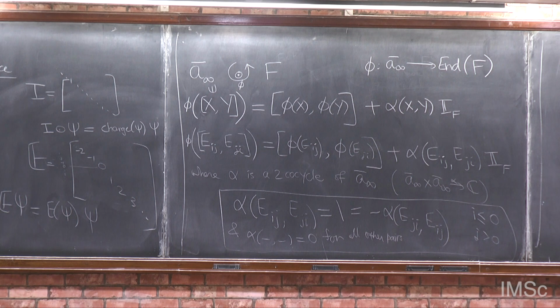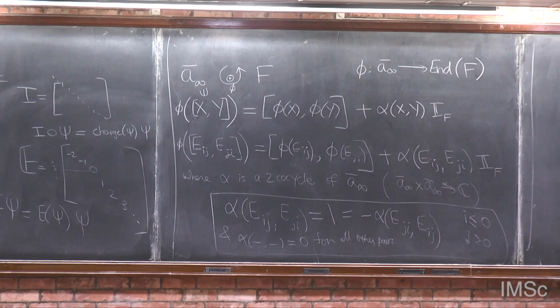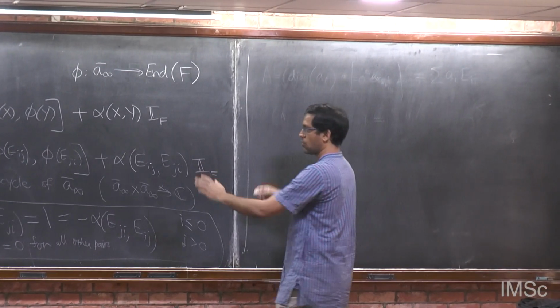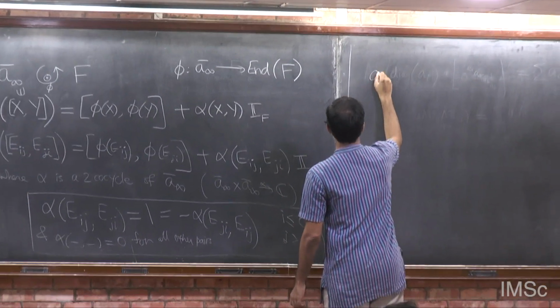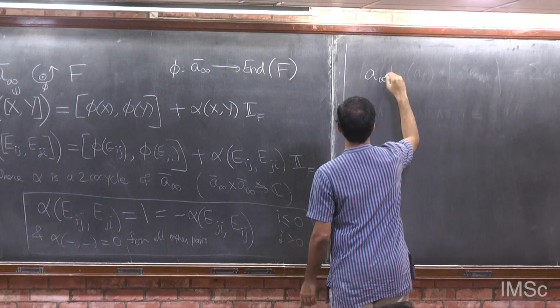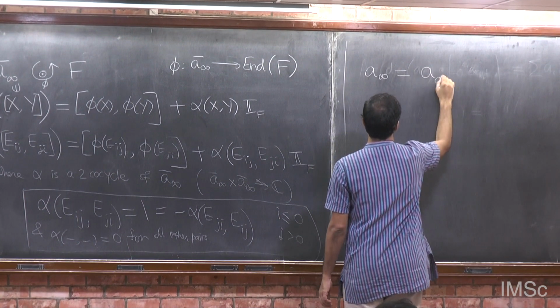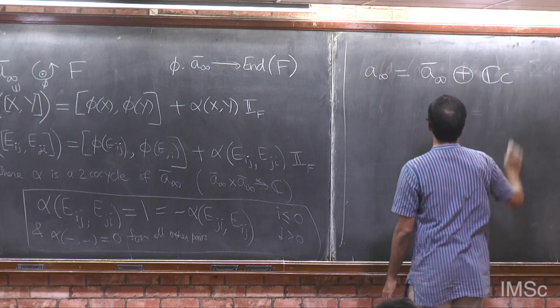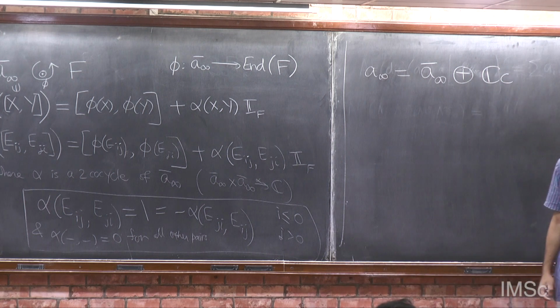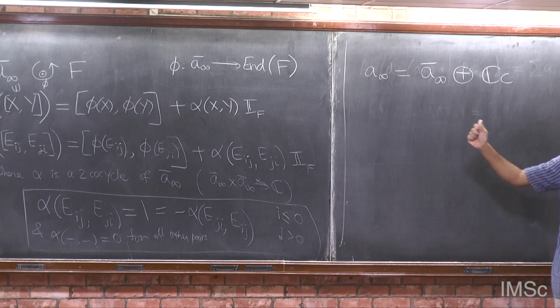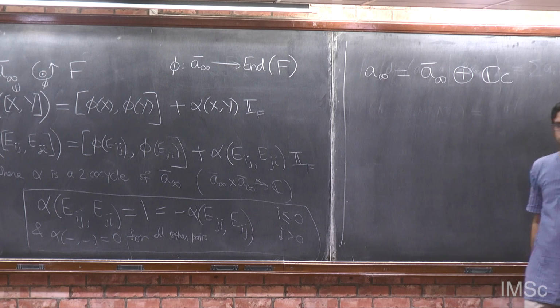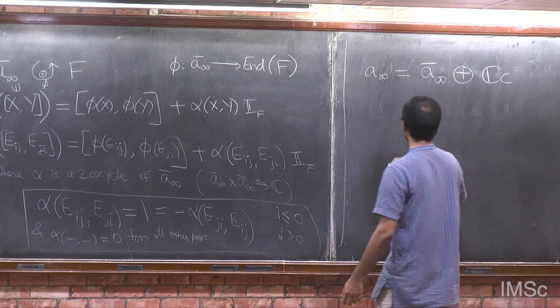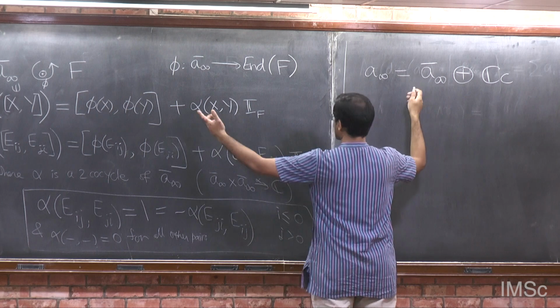So this 2 cocycle, just like you have seen in the case of the affine algebras, suggests that the right object to study is not A bar infinity, but a certain central extension of A bar infinity. We extend it by adding a central element C, just like we did in the case of the affine algebras, constructing it from the loop algebras, via this cocycle alpha.